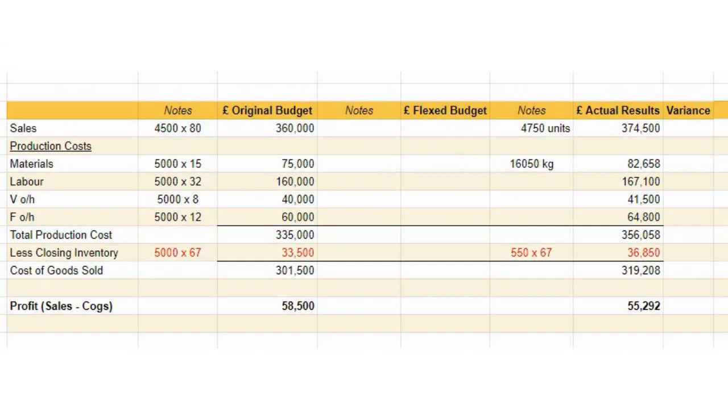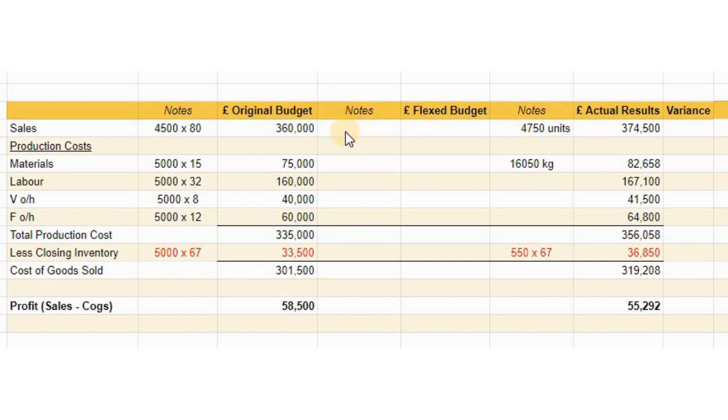So by flexing the budget, we take the original, or the budgeted costs, either the budgeted sales or the budgeted production costs, and we use actual figures, actual units, to give us an indication of what we should have expected based on the budgeted figures. So, for example, with sales, we expected to sell 4,500 units at £80, but we actually sold 4,750 units.